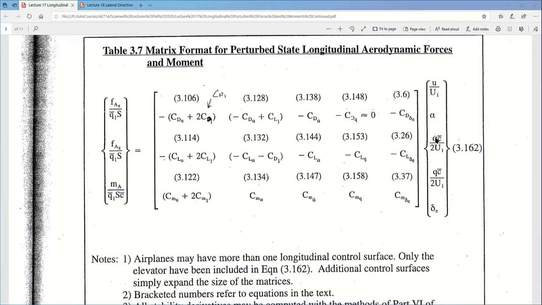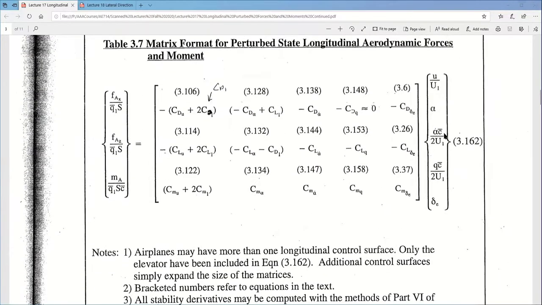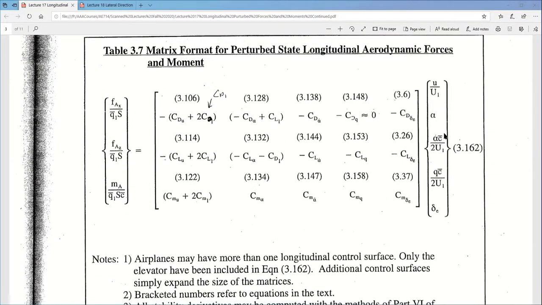And I've had students on an exam or on homework not see the dot because it's faint in their book. So if you don't have your book with you, write in big letters, equation 3.162, page 147. Put a dot on the alpha where it's supposed to be. Obviously, don't put a dot on this one.